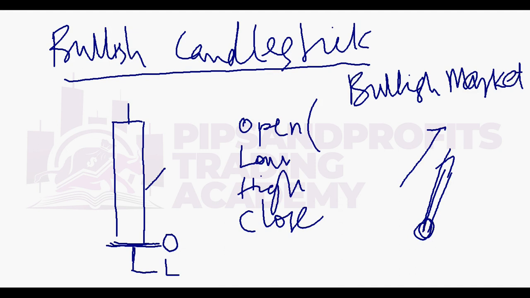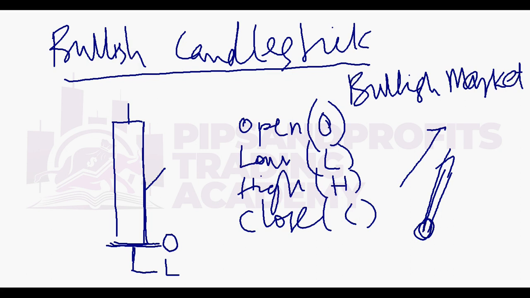Let's represent the open, low, high, close with letters. The open should be O, our low should be L, our high should be H, and our close C. Now we have our open, we have our low, and if indeed the candle is going to close as a bullish candle, then it is going to go up.